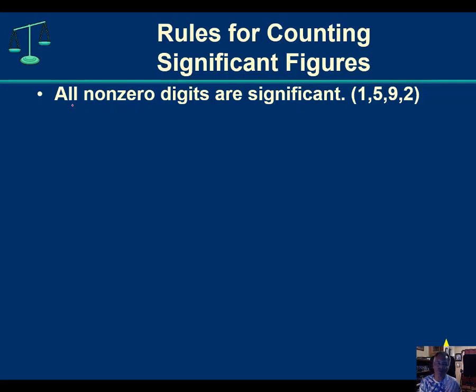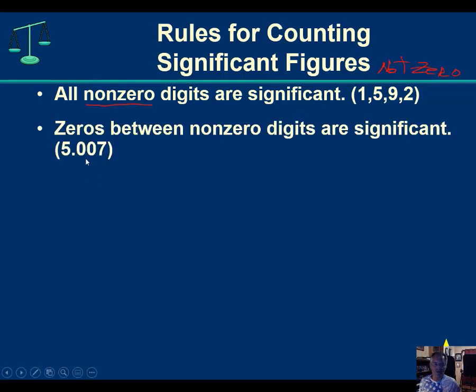So a few rules. Here we go. All non-zero digits, any digit that's not zero in a measurement, we count as significant. So 1, 5, 9, 2, 3, 4, 5, 6, 7, 8, those are all significant. If a digit is not zero in a measurement, it is automatically significant.